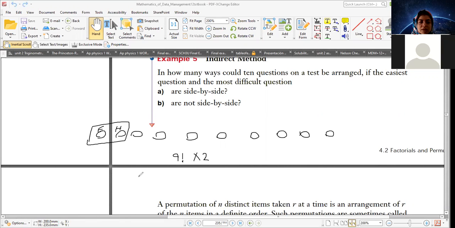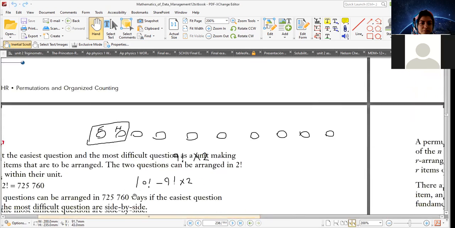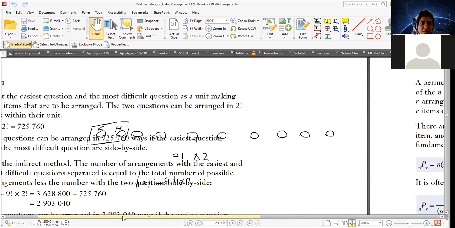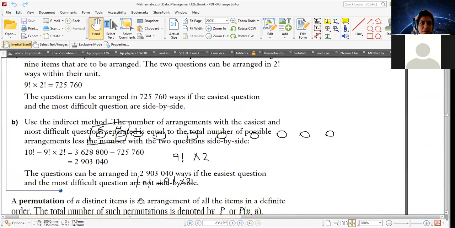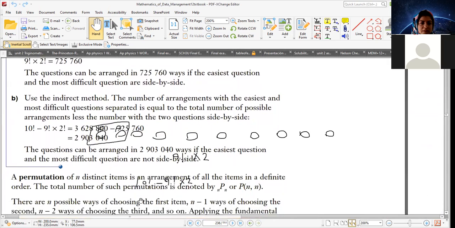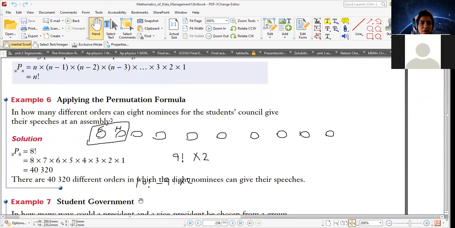If you have 10 questions, of course, the number of ways you can arrange them is 10 factorial. If you subtract how many ways you can have them together, it will give you how many ways they are not side by side. Any question, guys? That, as you see, is going to be the answer.